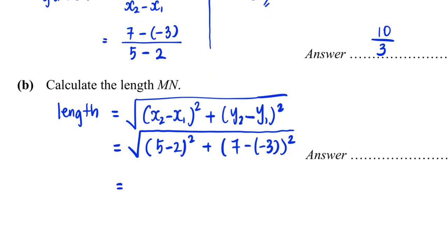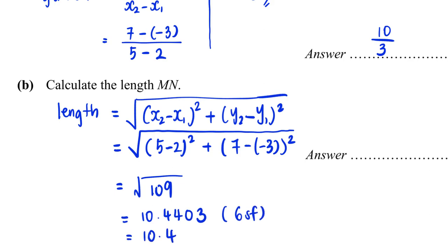So this will give me the square root of 109, which is equal to 10.4403. This is to 6 sig fig, followed by the 3 sig fig answer, 10.4 units.